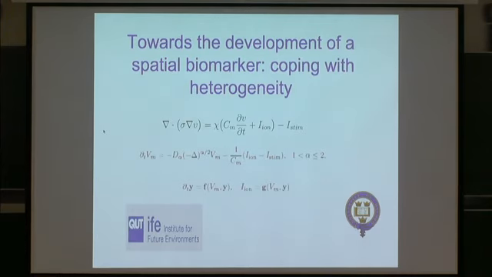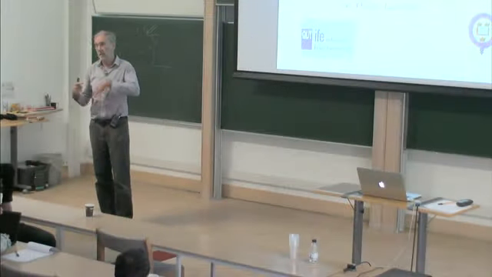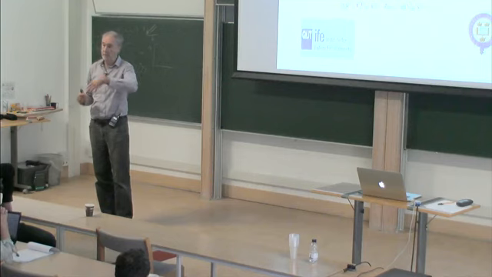As I said before, if you're trying to describe the propagation of this electrical wave in tissue through the heart, essentially you have an ordinary differential equation that describes the behavior of a single myocyte, and that's coupled to a partial differential equation, which is essentially a reaction diffusion equation that describes the propagation of the wave.